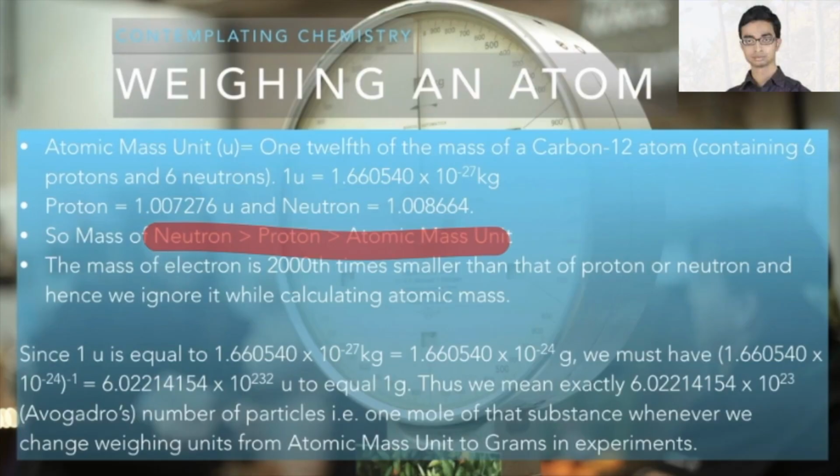Moving on, the accurate determination of Avogadro's number requires the measurement of a single quantity on both the atomic and macroscopic scales, using the same unit of measurement, like grams, as calculated here. Molar concept is built upon this.